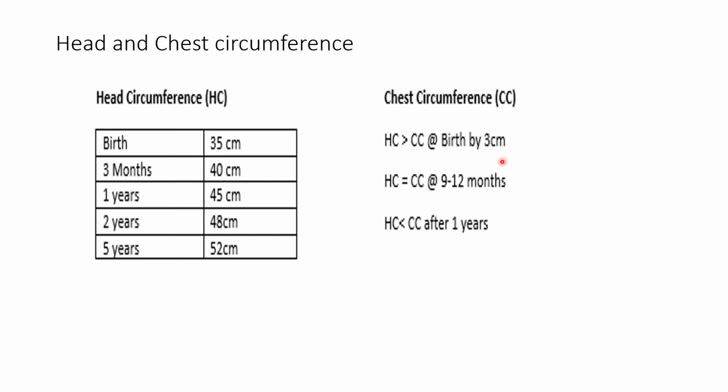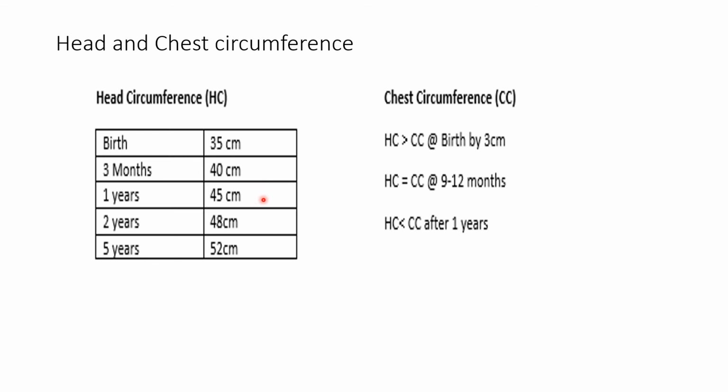Okay, when the child reaches 1 year old, the head circumference and chest circumference will be the same, equal. Whereas after 1 year, the head circumference is lesser than the chest circumference. It doesn't mean that the head circumference is becoming lower. No, we can see the head circumference is increasing only.